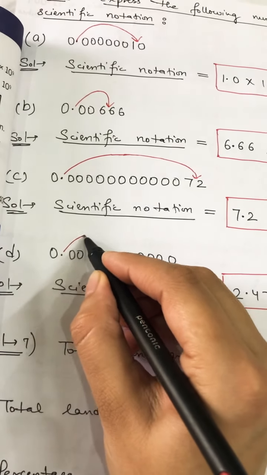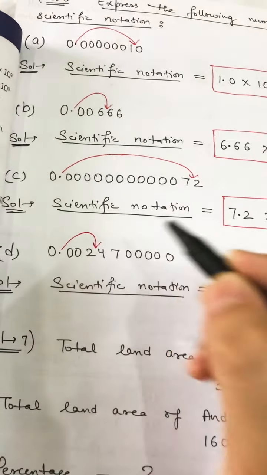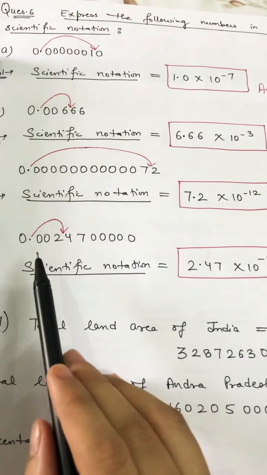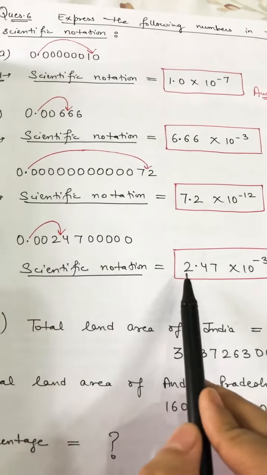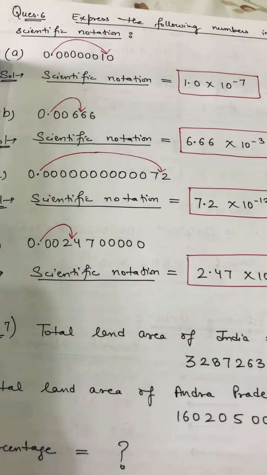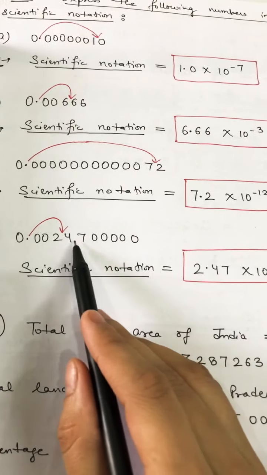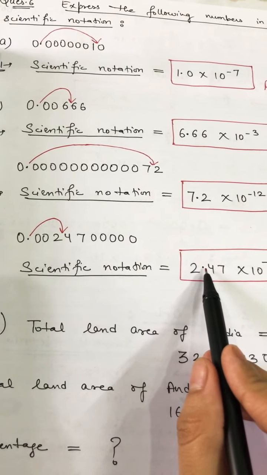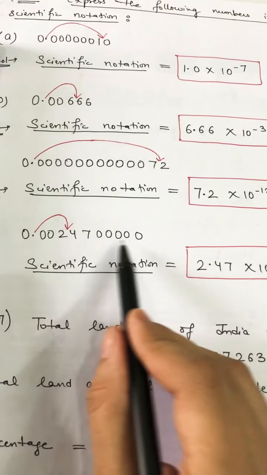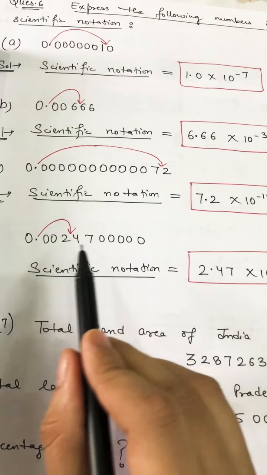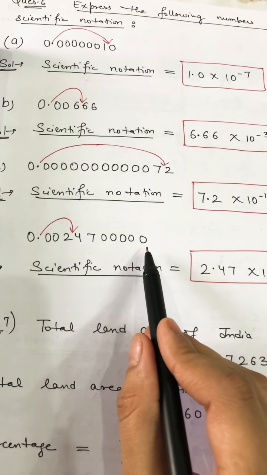Next is this statement. The decimal will shift from here to here, so it will be 2.47. Now after 47, if you have zeros after the decimal in the statement, there is no value of those zeros.